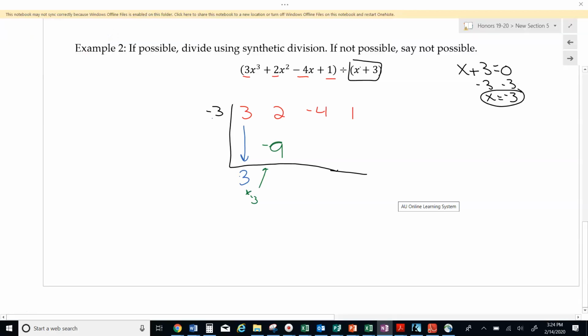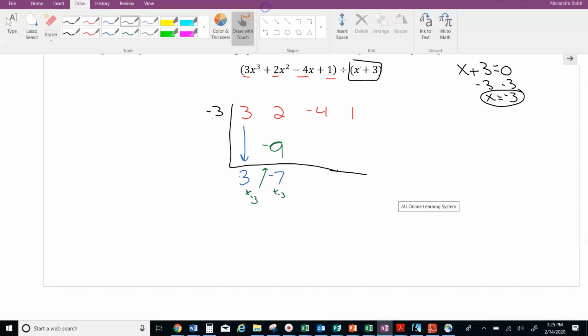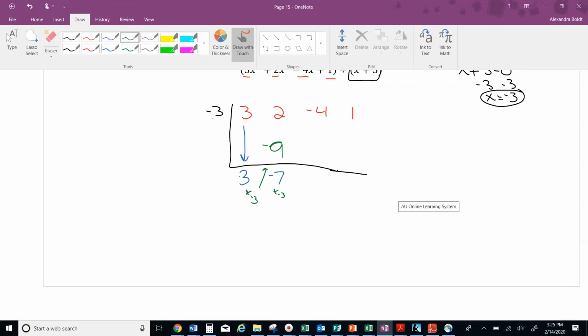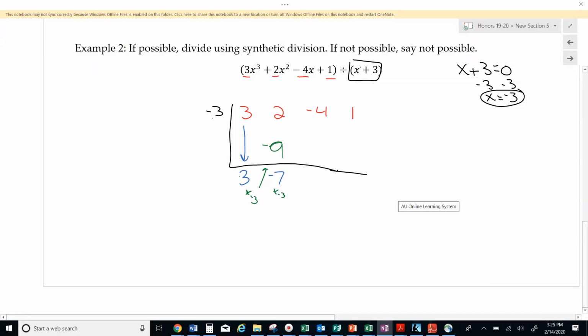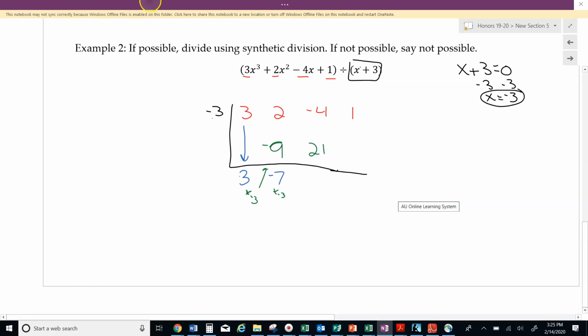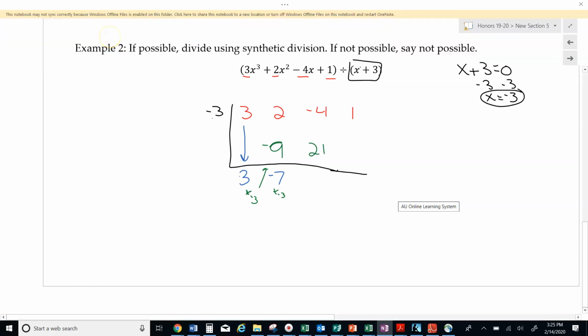Then 2 and -9 give me -7. I'm going to multiply times -3. -7 times -3 is 21. Combine these, -4 plus 21 is 17.